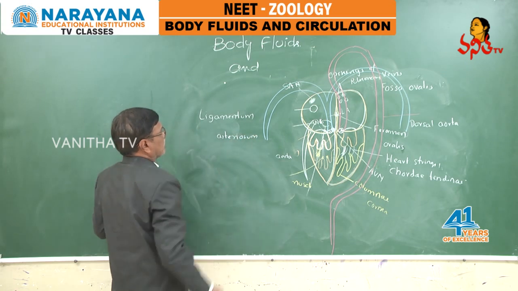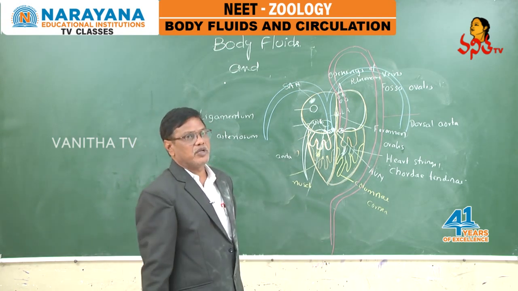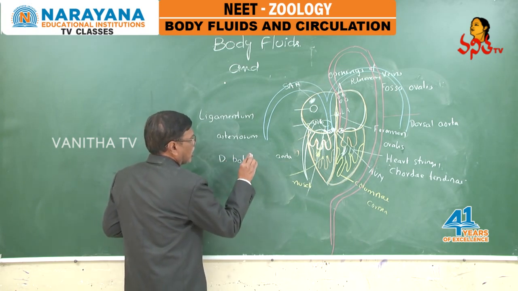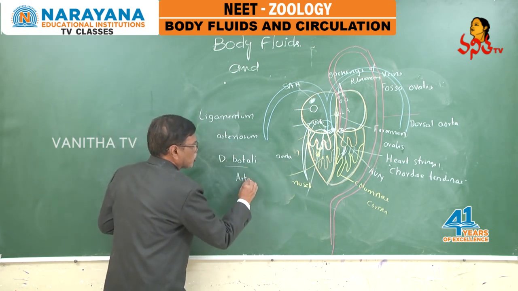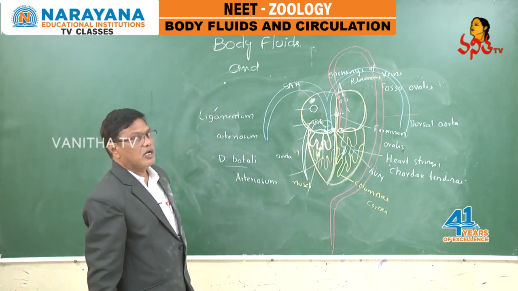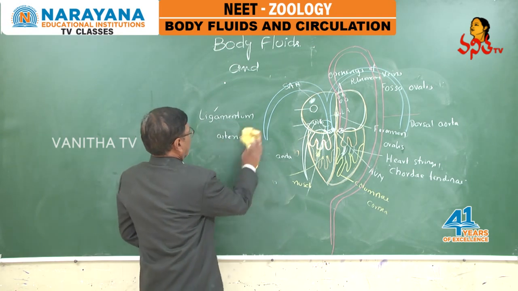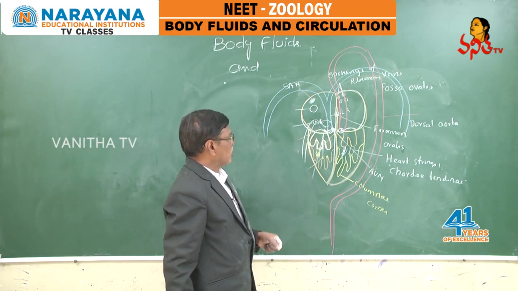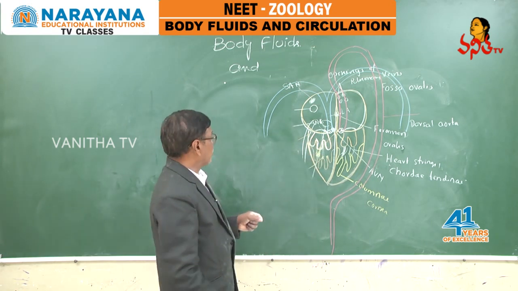In all vertebrates in the embryonic stage, systemic and pulmonary aortae are connected by a small blood vessel called ductus botalli or ductus arteriosus, which is represented in adults as ligamentum arteriosum. This is the structure of the heart; the interatrial septum, interventricular septum and auriculoventricular septum are with different tissues.